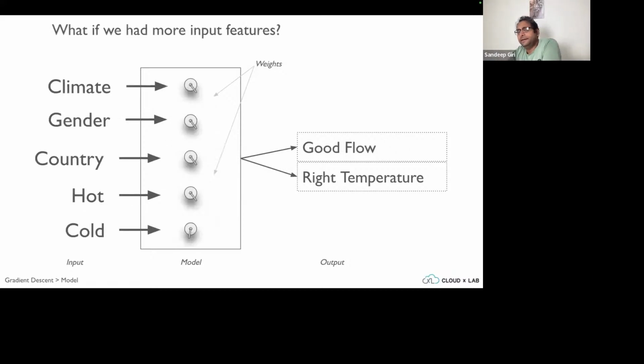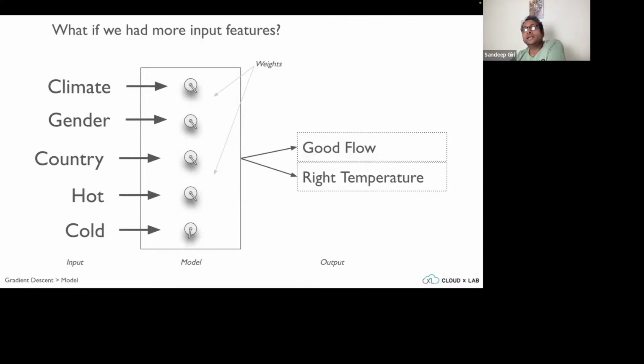Now, in a situation, there could be lots of input features, right? It could be, instead of you taking a bath, your wife or children taking a bath, or what the climate outside is, which country you are living in, and how much is the hot temperature and how much is the cold temperature. So you would need more knobs to control all of that.